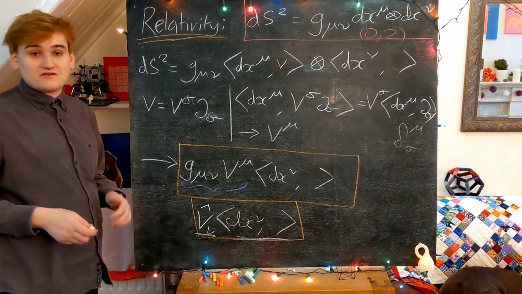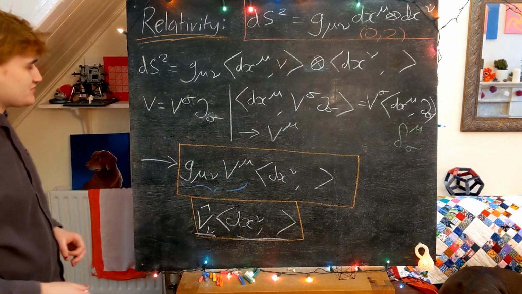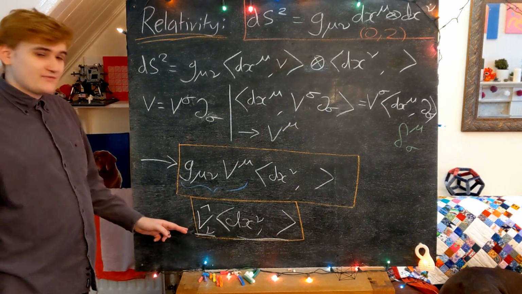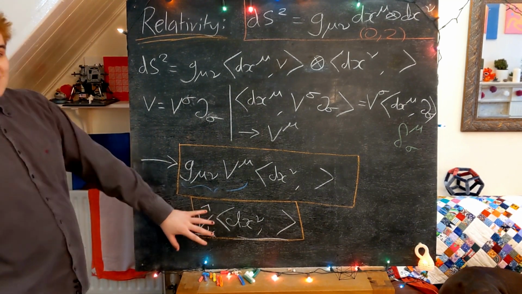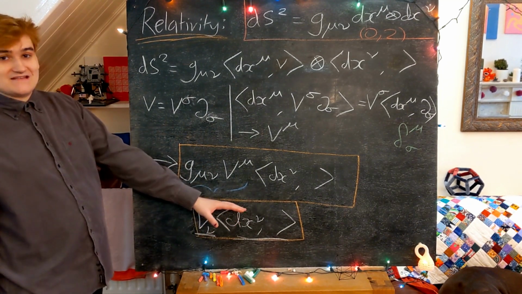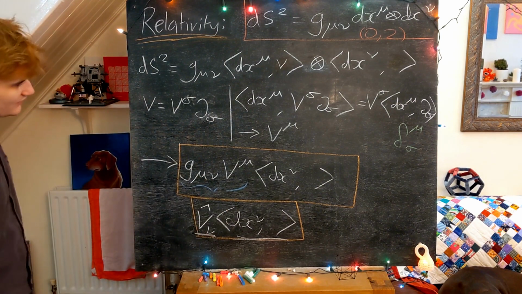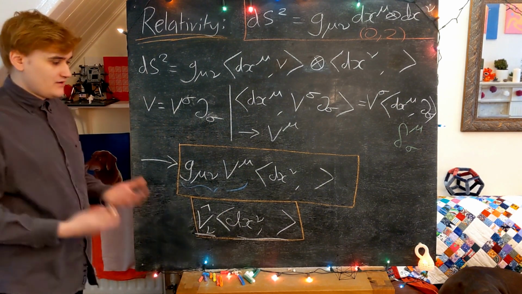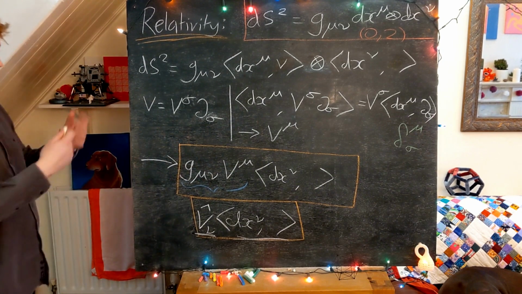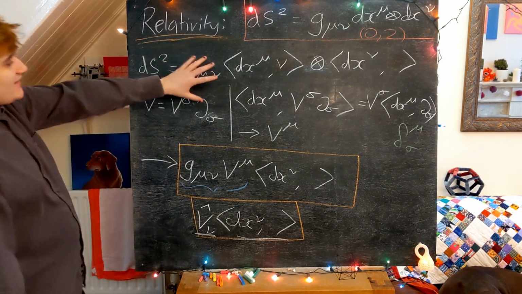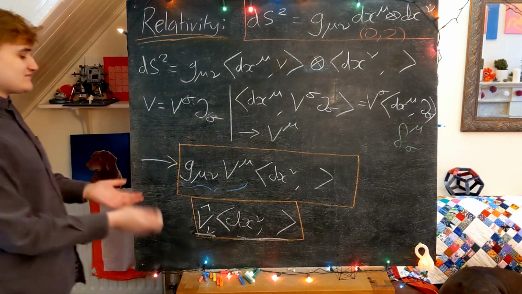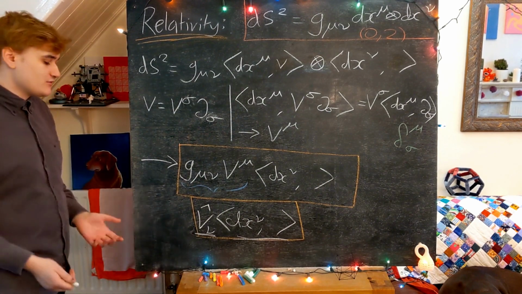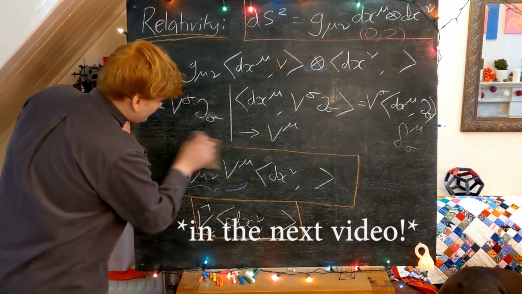This is sometimes known as index lowering, I'll say more shortly. But all that happens is that we're left with an object which looks like, or it is, a one form. So how we should now interpret this is that what the metric is doing is taking a single vector and effectively turning that vector into a one form. I'll say a little bit more about this now.